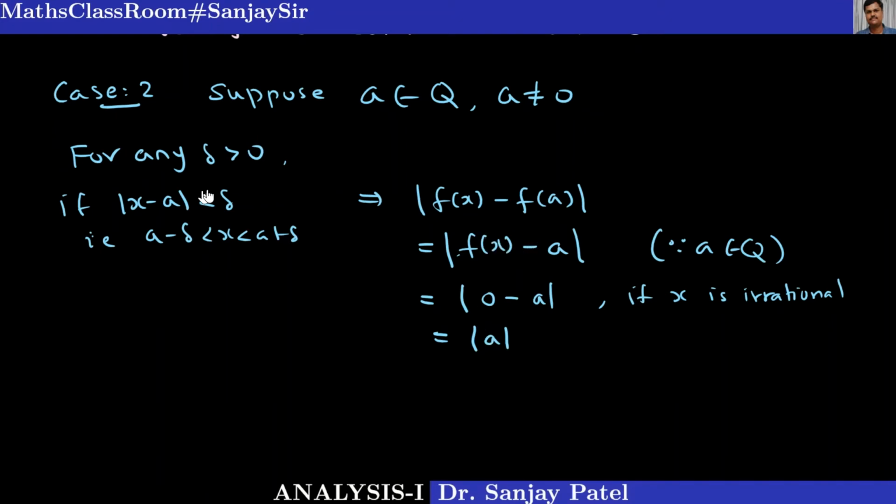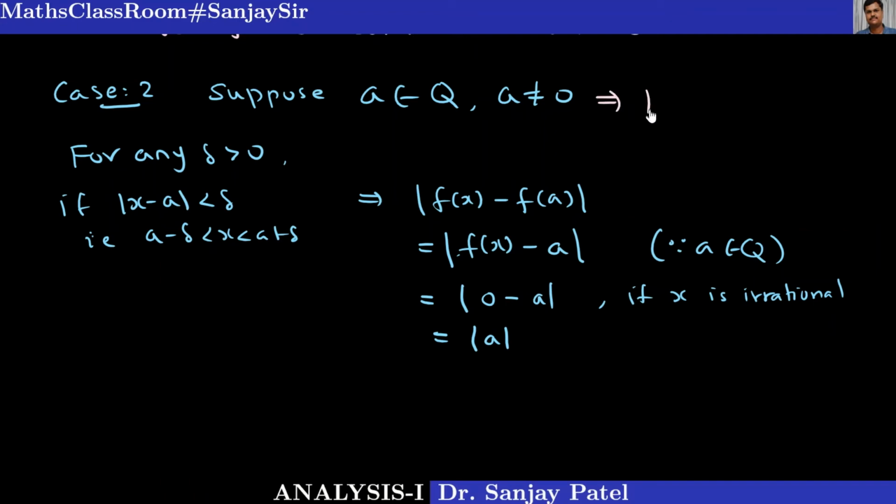So for any delta greater than 0, whenever you choose any x between a minus delta and a plus delta, and if that x is irrational, we are going to get the difference as |a|. And this |a| is a positive real number, because a is not equal to 0.